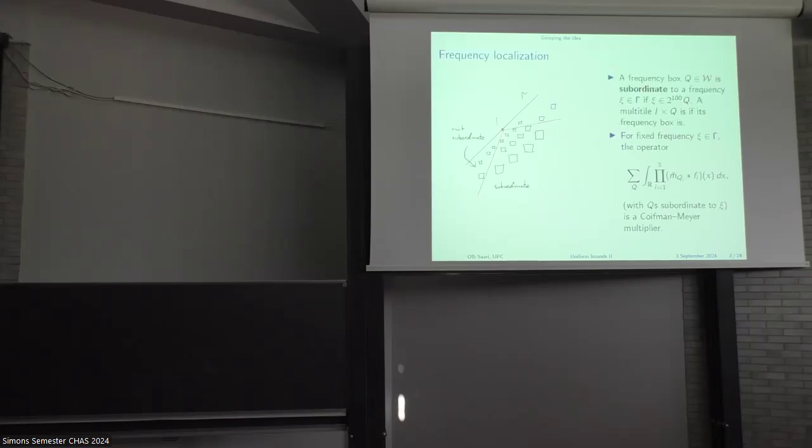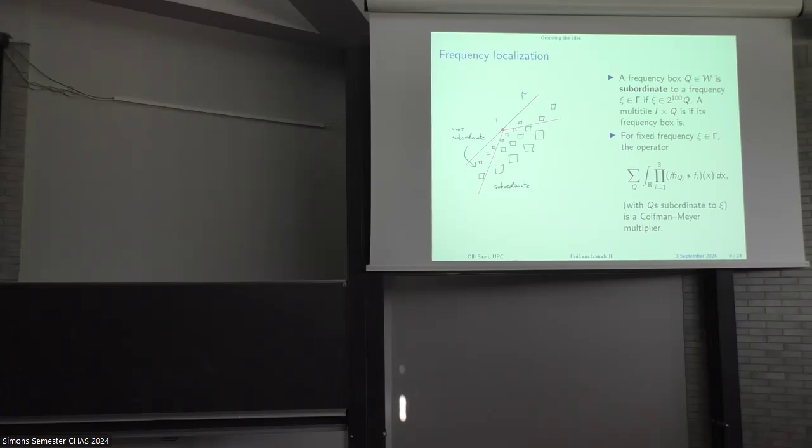So let's start with the localization of frequency. So we take a frequency from the singular subspace, which will be now the line, and we will call subordinate to that frequency all the frequency boxes so that a dyadic box of 2 to the 100 contains that.